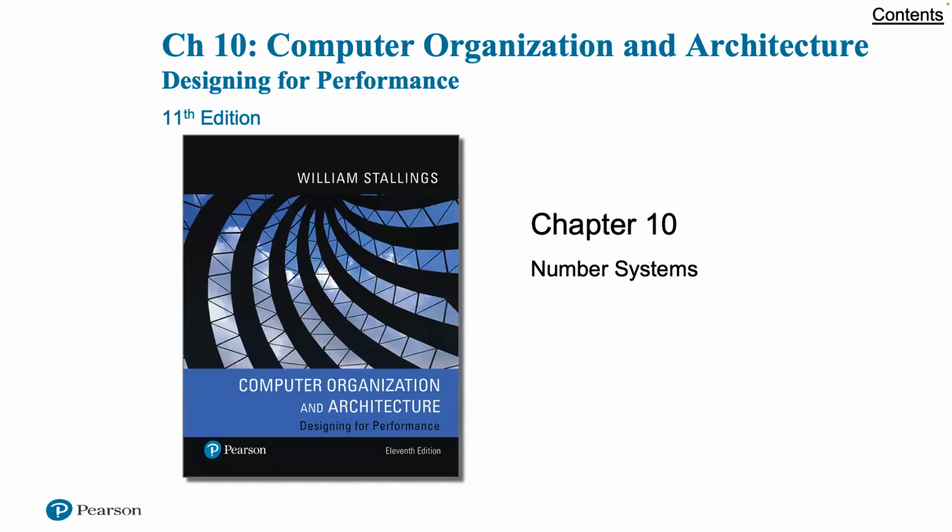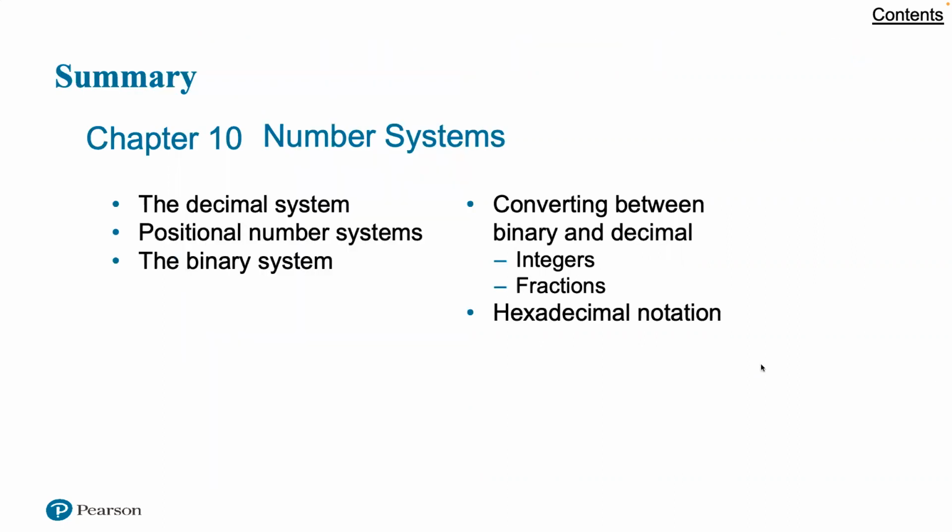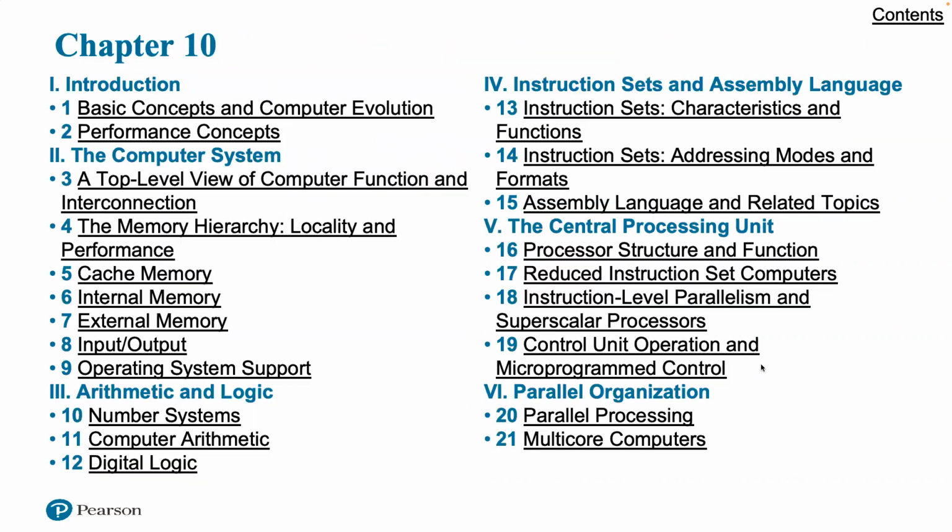Well, welcome back to our course, Computer Organization and Architecture. We're getting into our next major section, and this chapter is going to be focusing on number systems, but just to give some context here. We gave an introduction, which was a nice way to see the bigger picture when we're starting out to understand the concepts of computer and computer evolution.